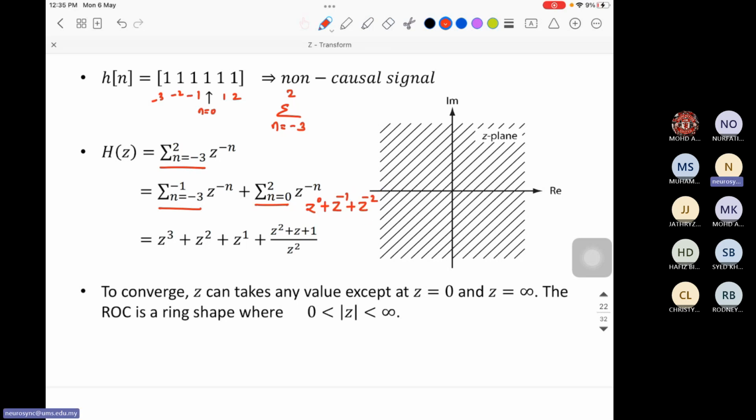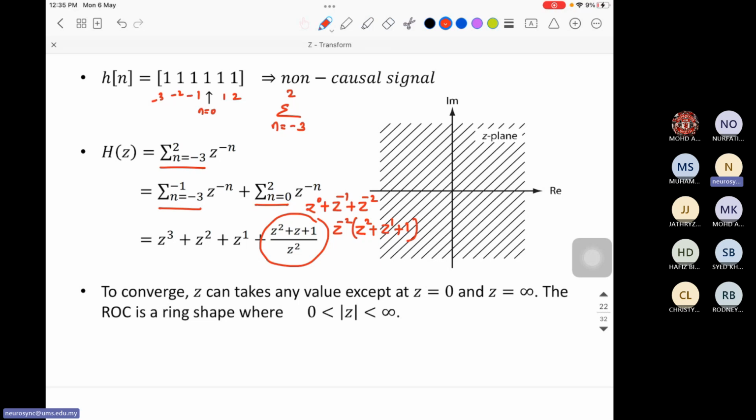And if we keep z to the power minus 2 outside, this is z to the power 2 plus z to the power 1 plus 1. And this minus 2 again we can write in the denominator. So we will get this.